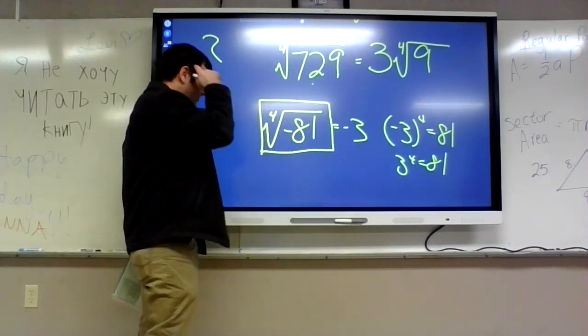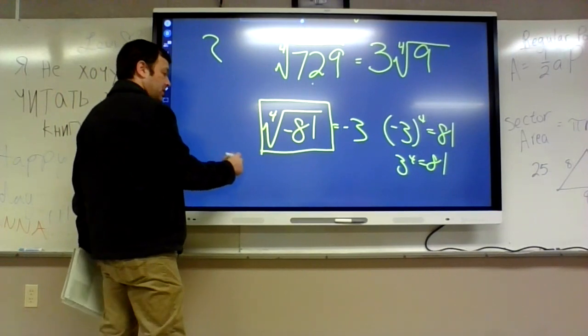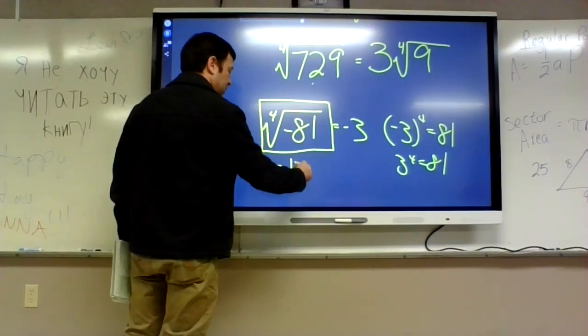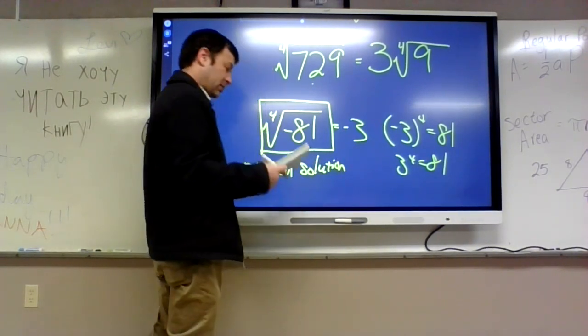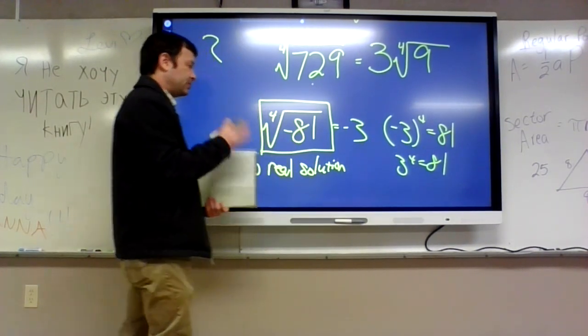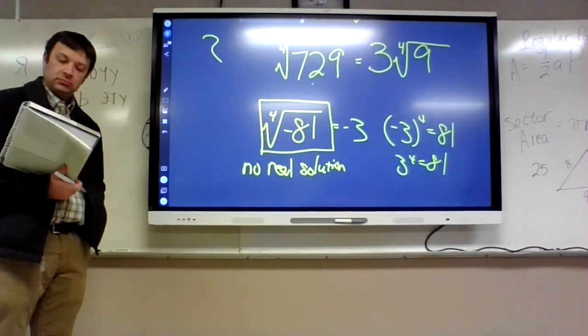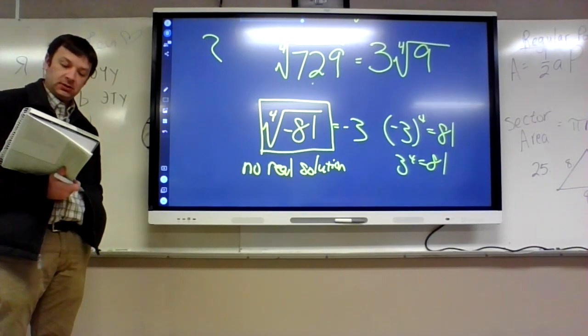So put no real root for B. This is 3B. Let's put no real solution, actually, not root. Don't they write no real root? No, they put root. That's okay. No, it means the same thing. They're synonyms.